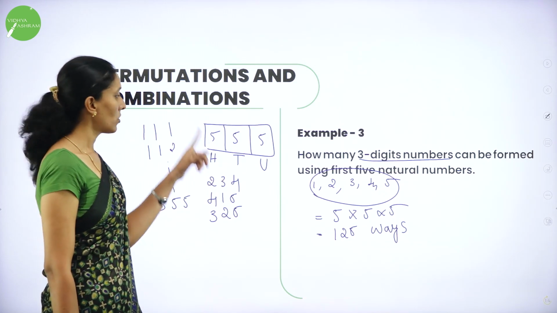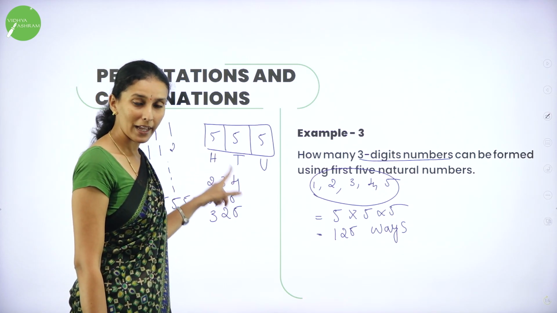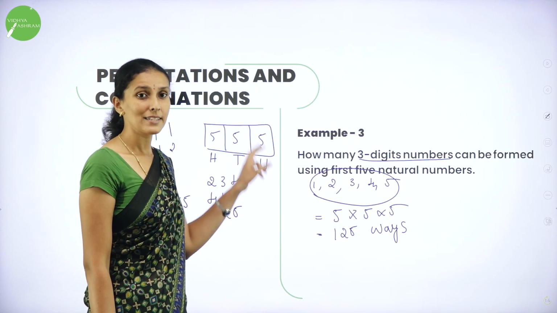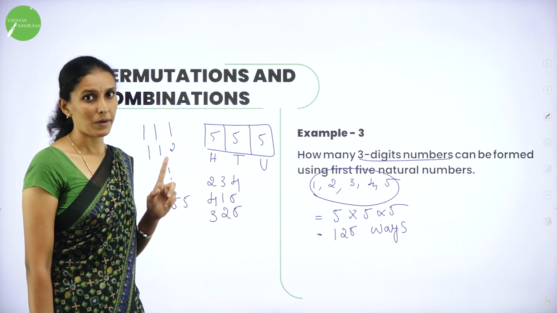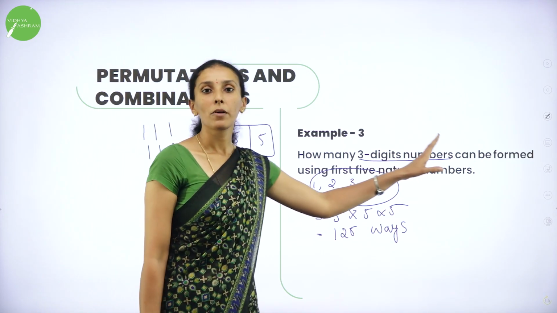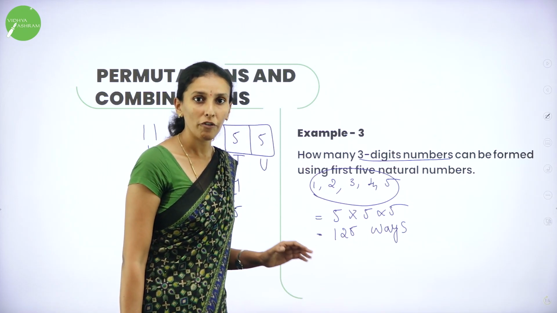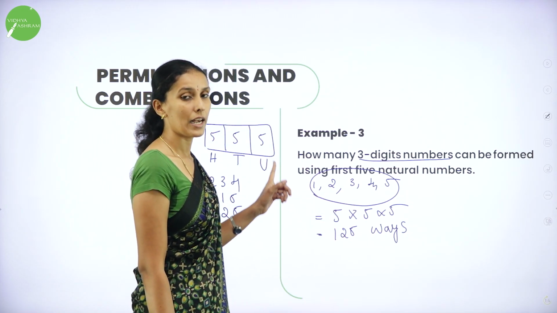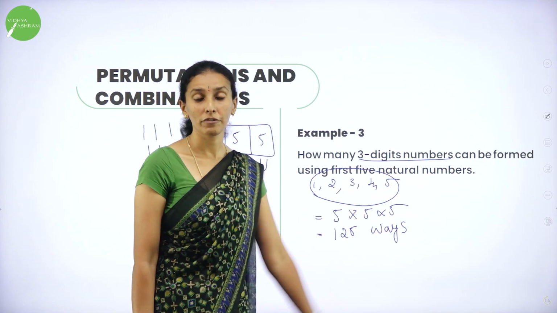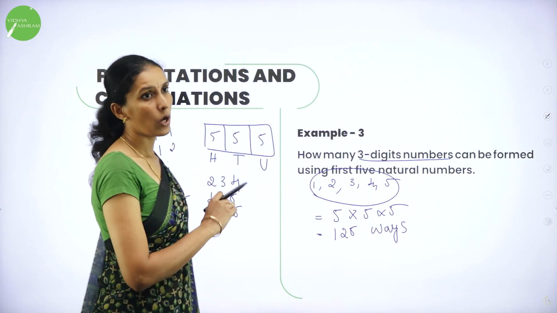So there are 5 possibilities in the hundreds place, 5 possibilities in the tens place and 5 possibilities in the units place. Therefore, the total number of permutations, or the total number of ways of arranging these numbers, is 5 into 5 into 5. That is 125 ways.